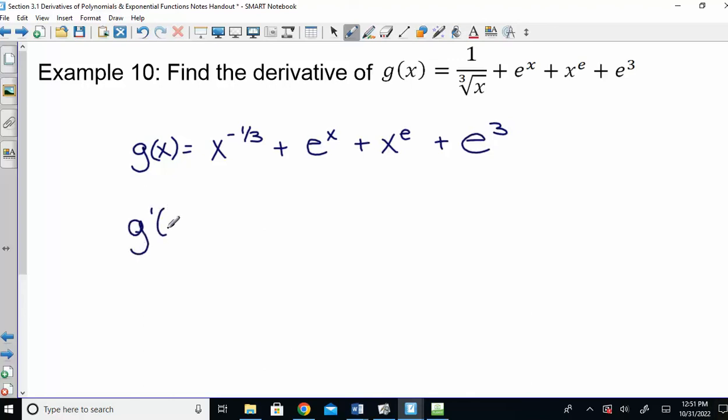I do a lot of e's on this one just for fun. So the derivative, x to the negative 1/3. The exponent comes down. Subtract 1 from the power. Negative 1/3 minus 1.